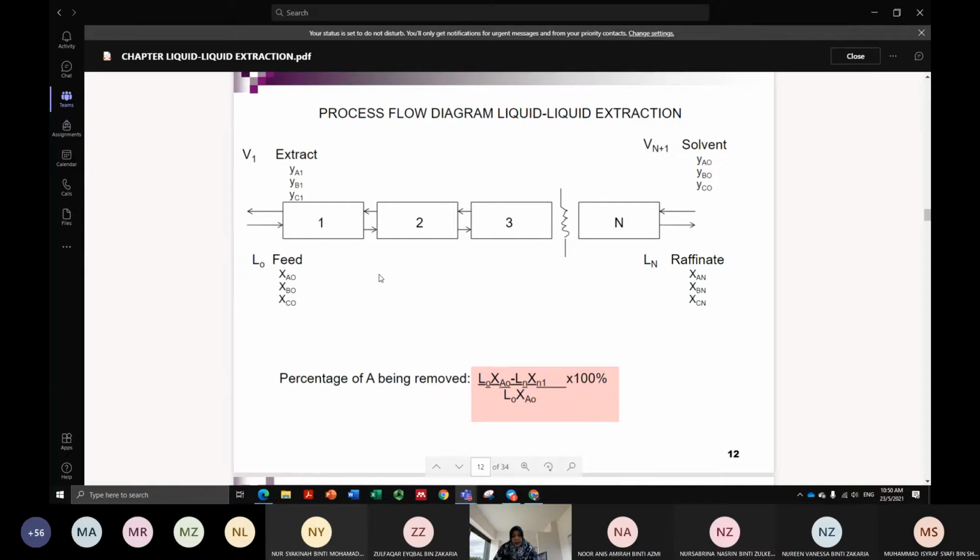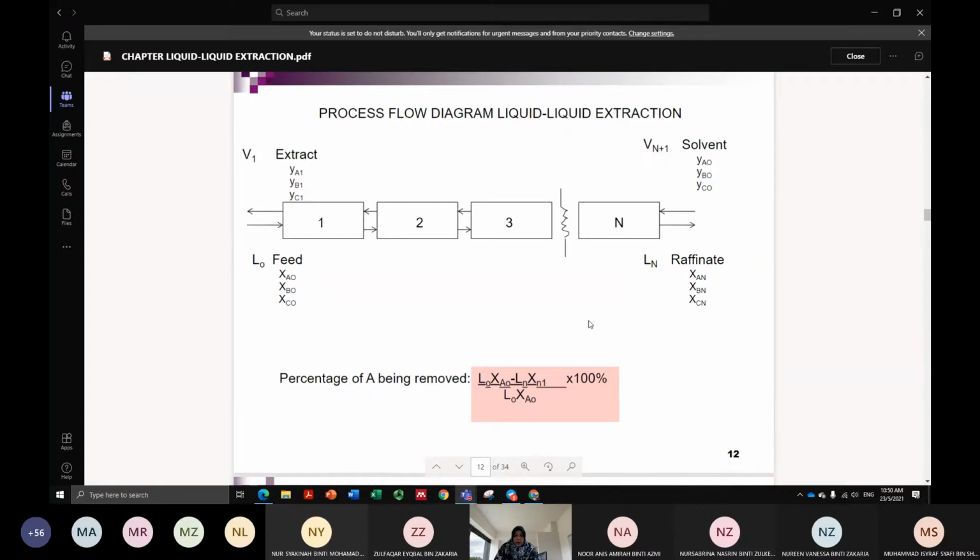The heavy phase represents the feed, and the light phase is represented by your solvent. If you flip this diagram 90 degrees clockwise, your L0 and your V1 will be on the top of the diagram, and Ln with Vn plus 1 will be at the bottom.